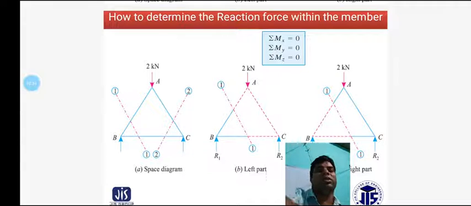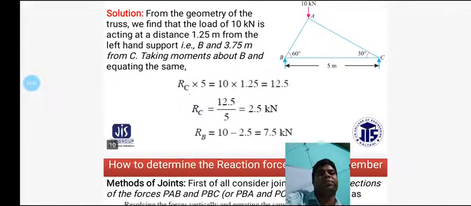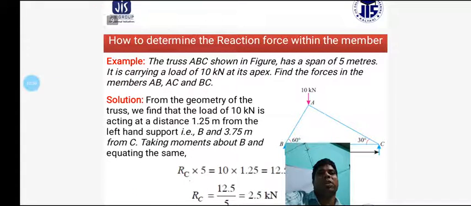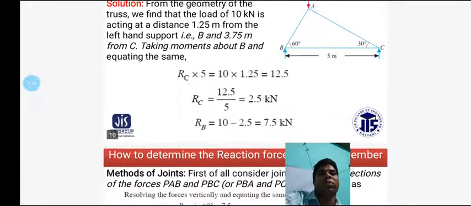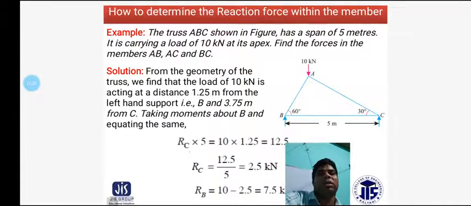And one simple problem is given here to understand this. Now, how to determine the reaction force within the member. The truss ABC as shown in the figure has a span of 5 meter.